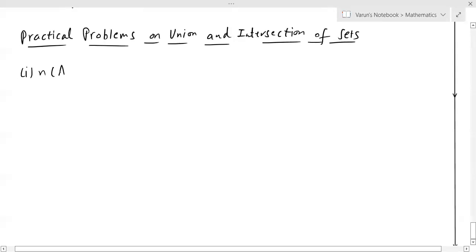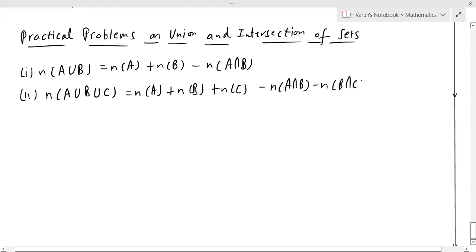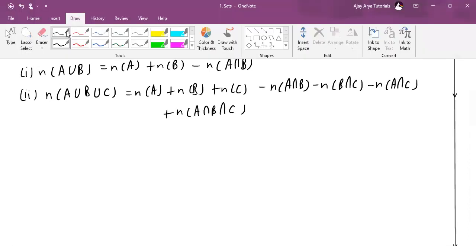Number of elements in A union B is equal to number of elements in A plus number of elements in B minus number of elements in A intersection B. Then number of elements in A union B union C is equal to n of A plus n of B plus n of C minus n of A intersection B minus n of B intersection C minus n of A intersection C plus n of A intersection B intersection C. This is an important part.